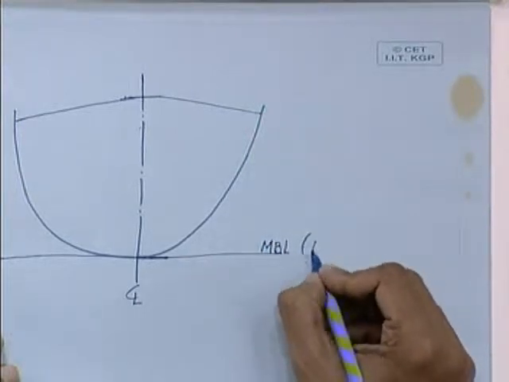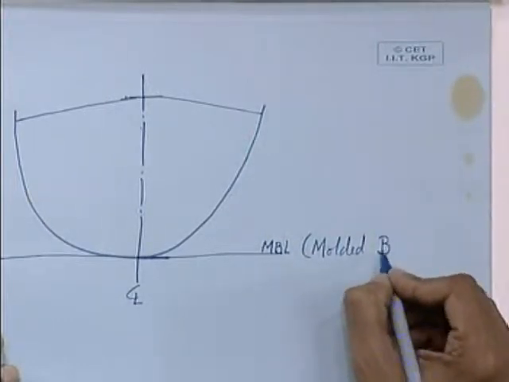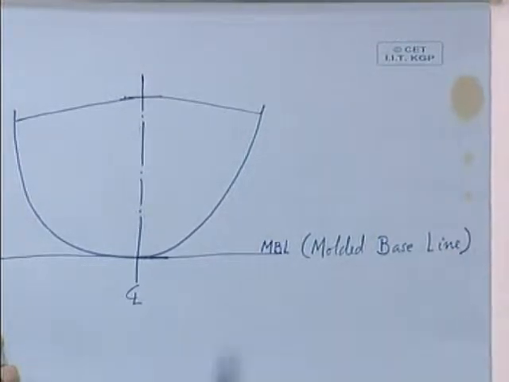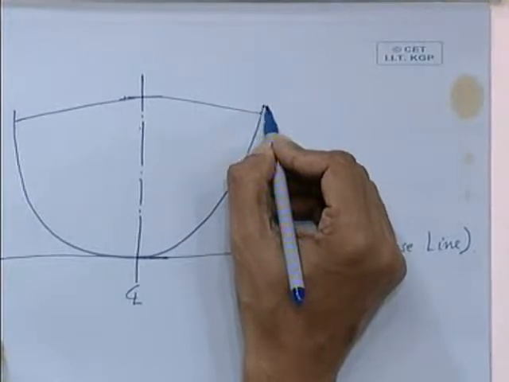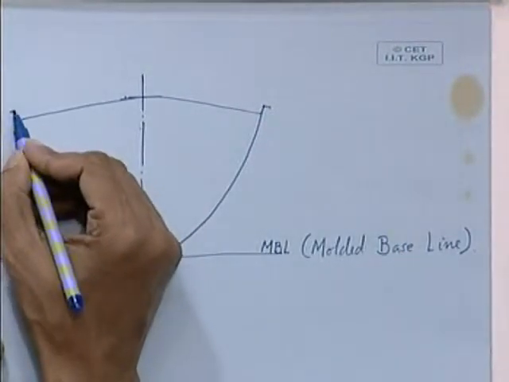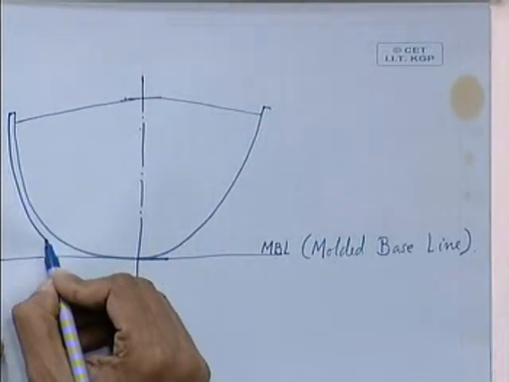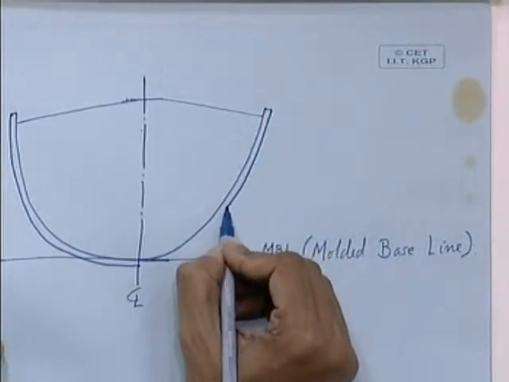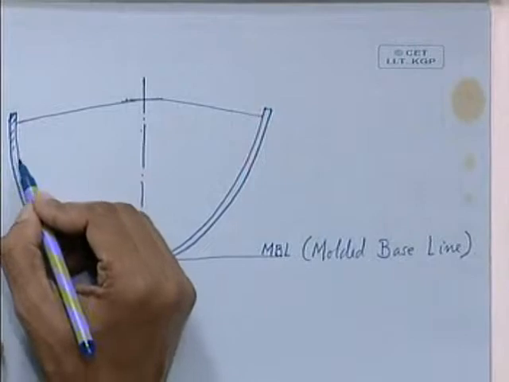MBL is called the molded baseline. Now all your dimensions here, actually the shell thickness will lie outside this molded line. So this is your shell thickness.